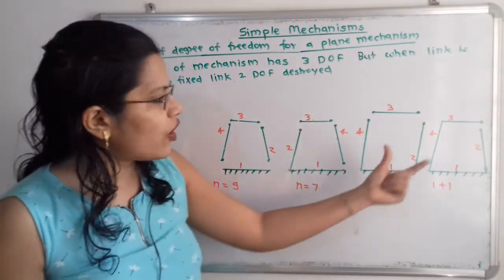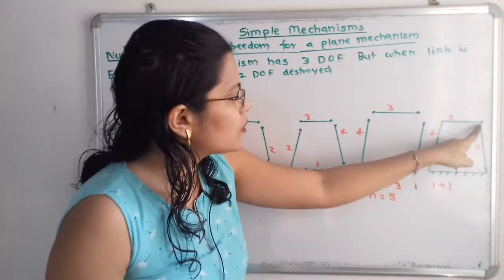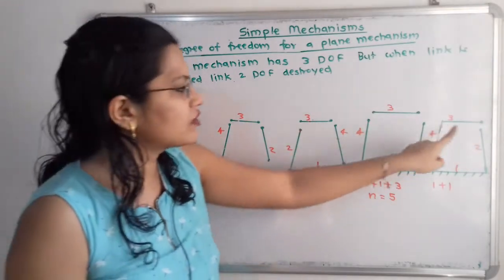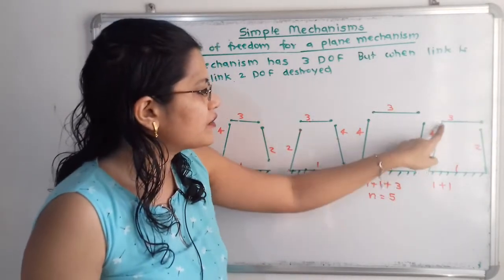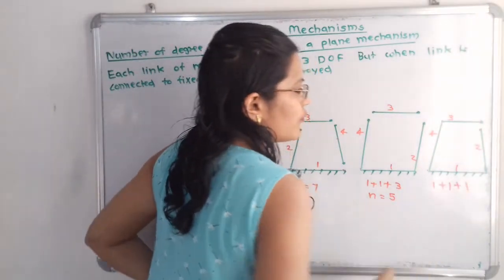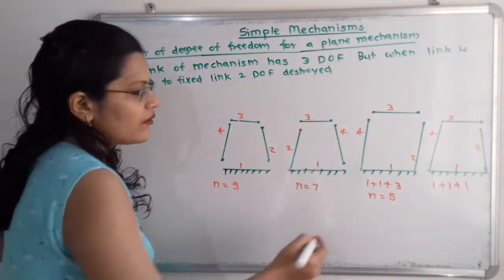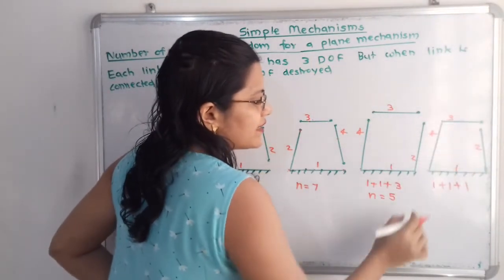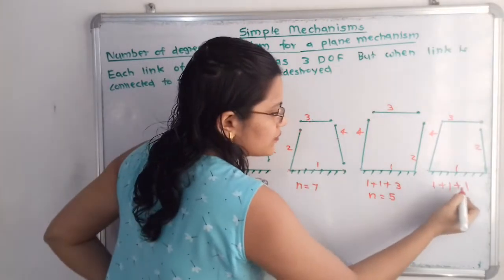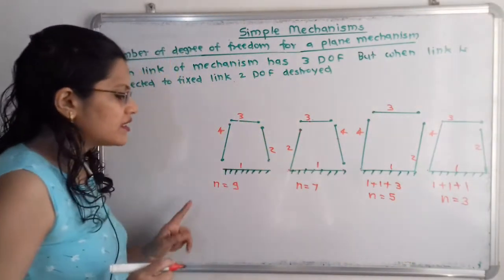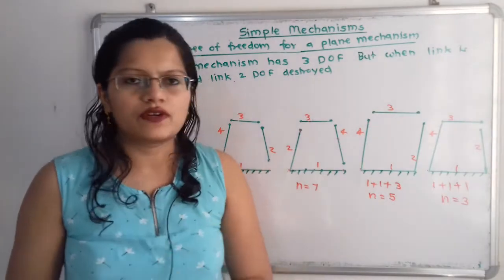Now if we observe, for link 3 only 1 degree of freedom is remaining, because link 3 is again connected to link 4. So I will say that here also there is 1 degree of freedom. So for all these 3 links, because they are connected to the fixed link, 1 plus 1 plus 1, so n is equal to 3. So here the number of degrees of freedom is equal to 3.